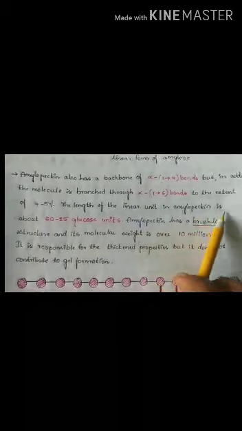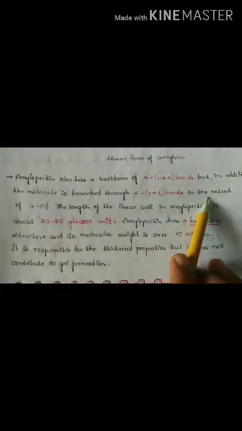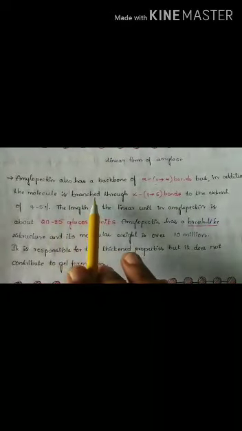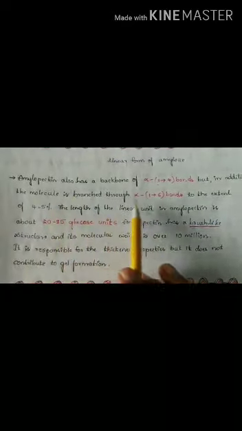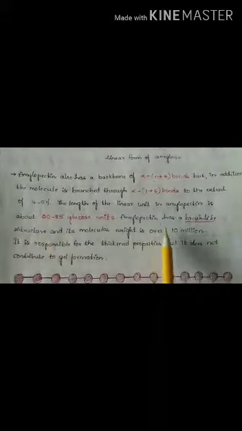The length of the linear unit in amylopectin is about 20 to 25 glucose units, and the branching accounts for 4 to 5%.